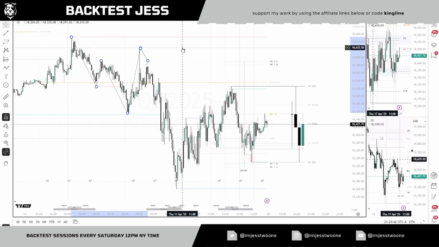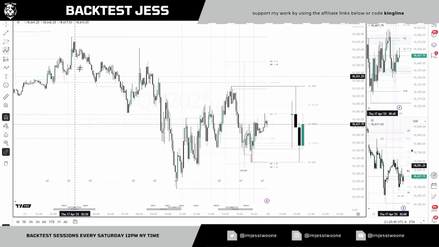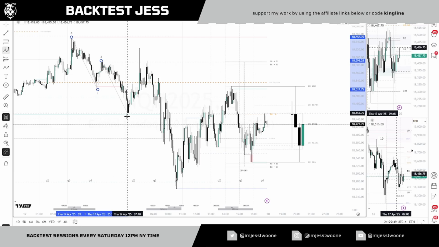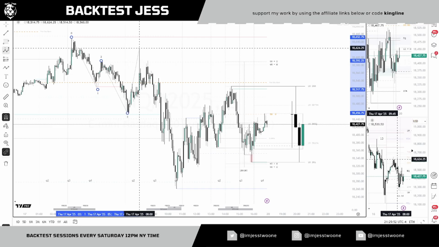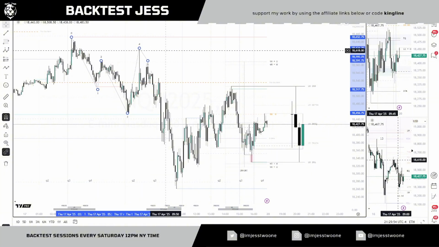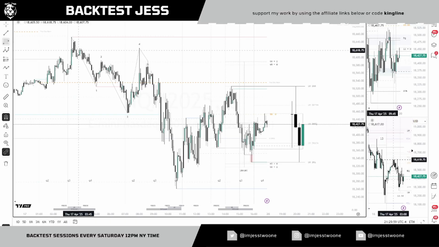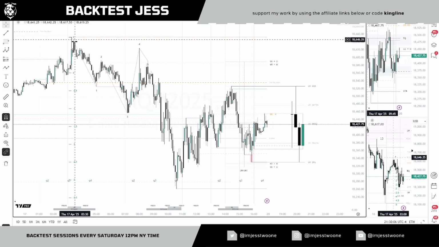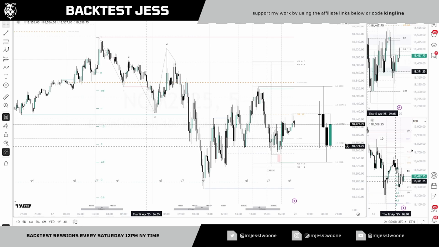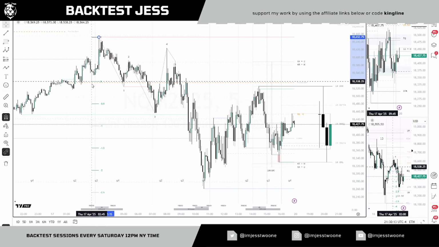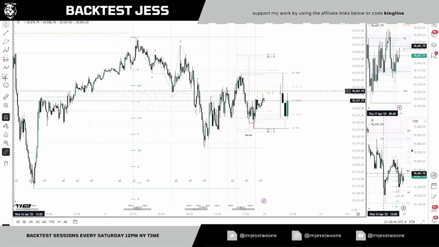And again, I used the wrong damn tool. 1, 2, 3, 4, 5. This was a deviation. I used this one personally. Adrian used this one because this is the one with SMT. If you don't have this swing, I think I actually used this one technically. Yeah, I did.